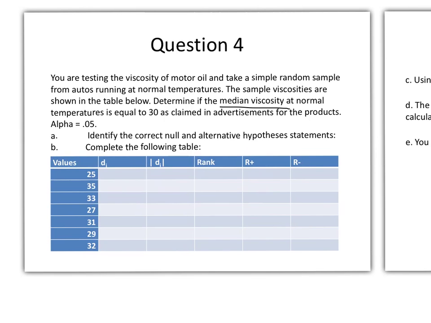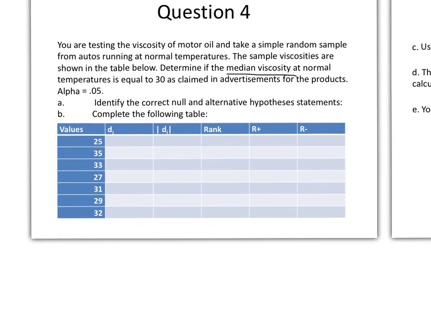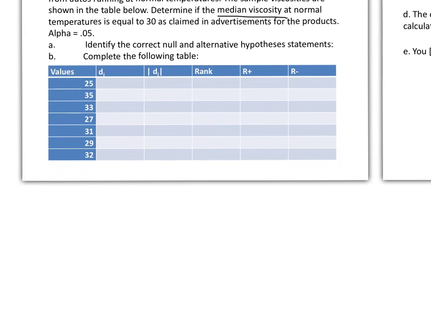So the first thing we want to do is identify what the null and alternative hypothesis statements are. So let's do that. Our null is going to be that the population median is equal to 30.